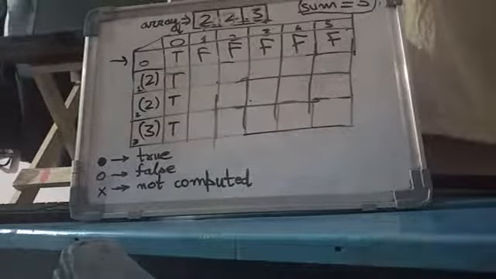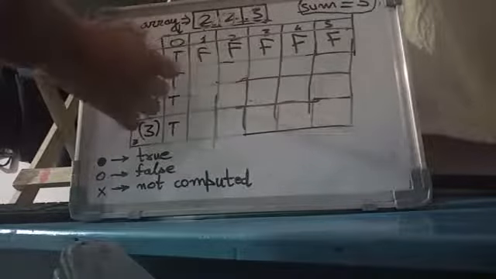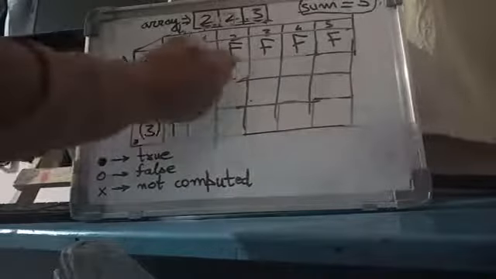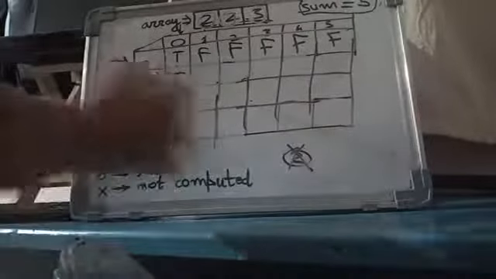When I'm not choosing the first element 2, I'm obviously going for a null set, because my subarray would be of size 0.